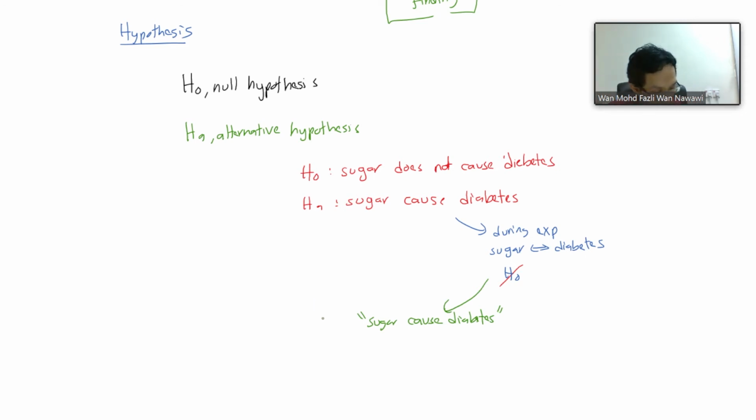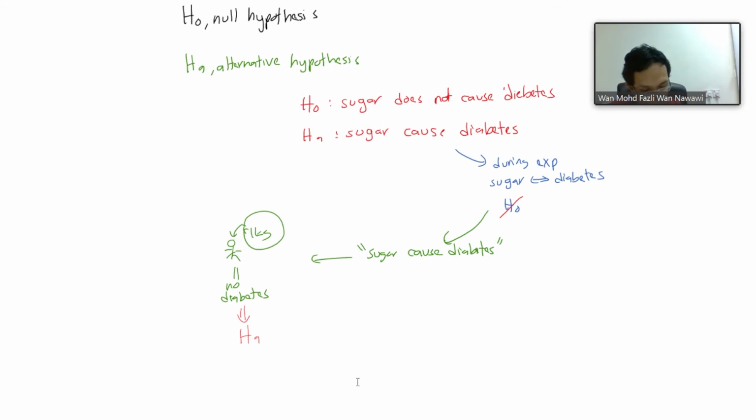So for example, someone can consume 1 kilogram of sugar every day and still have no diabetes. What happened is basically you are proving the null hypothesis. So this you reject.